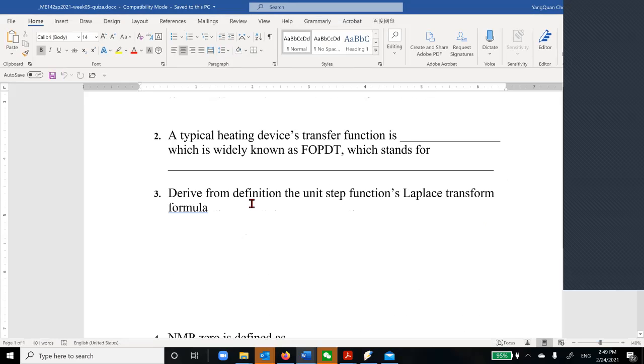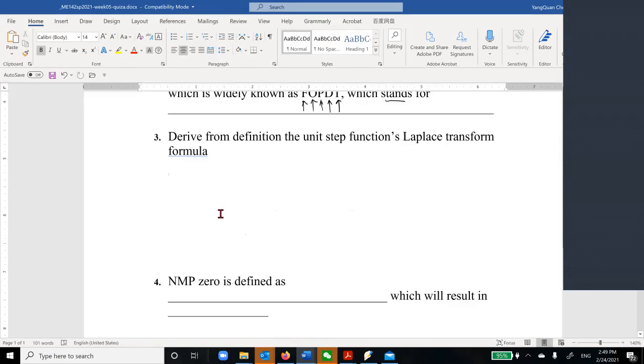Do you guys know how to say it here? What's this? Which stands for what? It's called first order plus delay time. I did this one in the class.